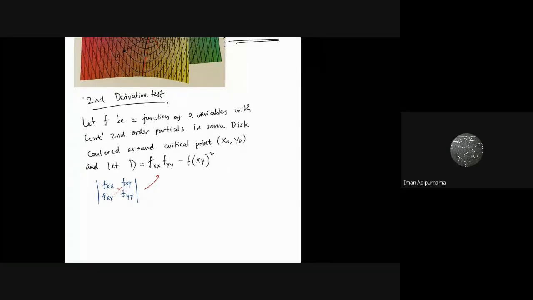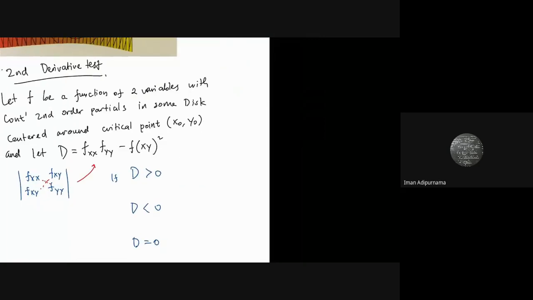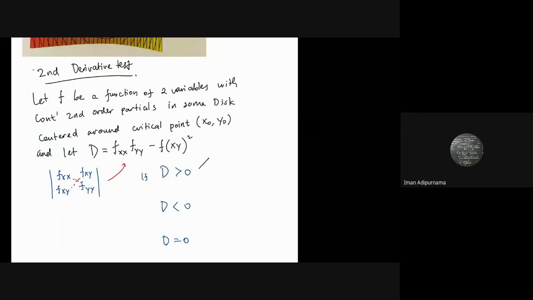And the important thing here is, we will have three conclusions from D. If D is greater than 0, I need to check fxx: if fxx is greater than 0, this is a local minimum, and if fxx is less than 0, this is a local maximum.